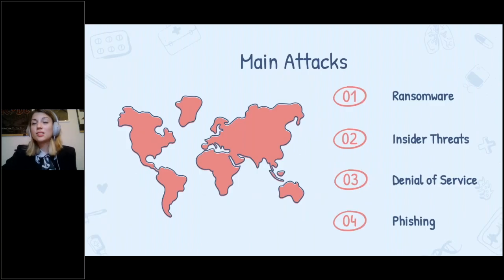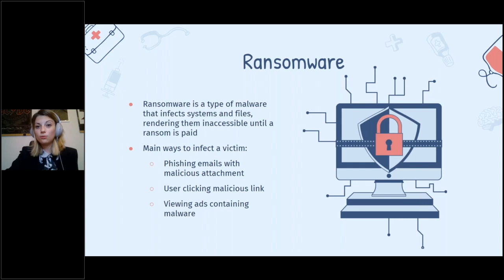And so now let's discuss the main attacks, which are the most common in healthcare. These are ransomware, insider threats, denial of service, and also phishing. Let's talk about the most common one, which is ransomware. Ransomware is a type of attack that infects systems and files, rendering them inaccessible until a ransom is paid.